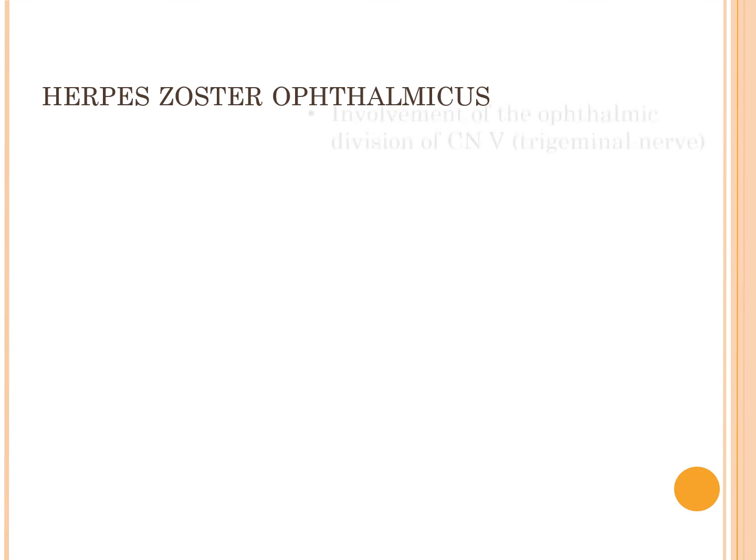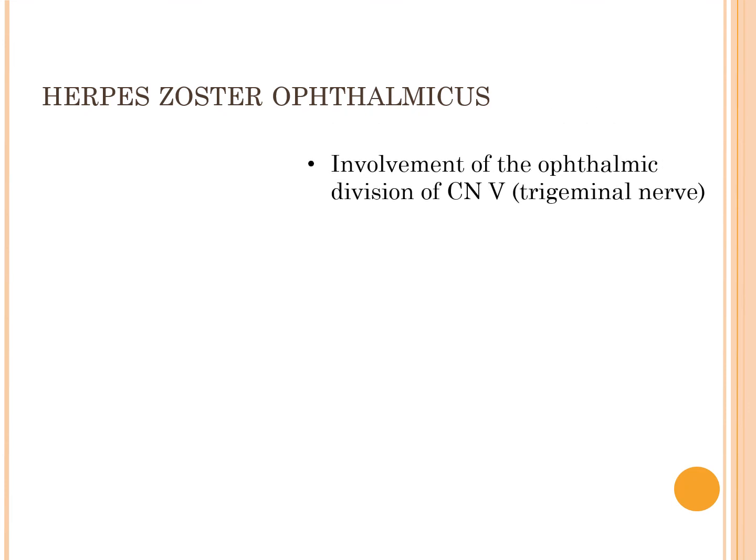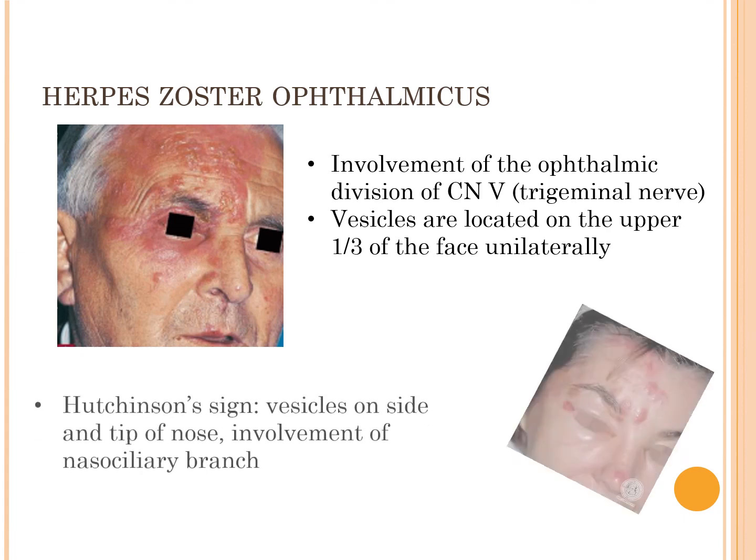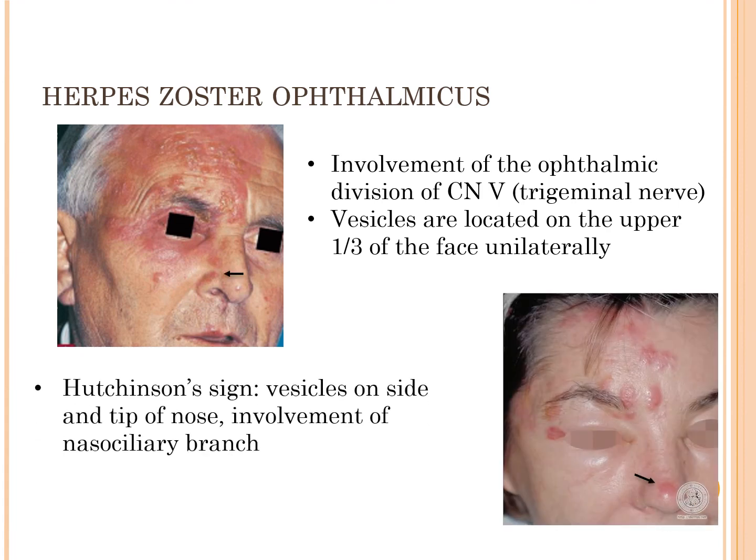Herpes zoster ophthalmicus is herpes zoster involving the ophthalmic division of the trigeminal nerve. And because it is this nerve that is affected, the vesicles are located on the upper one-third of the face unilaterally. Aside from this, vesicles may appear on the side and tip of the nose.